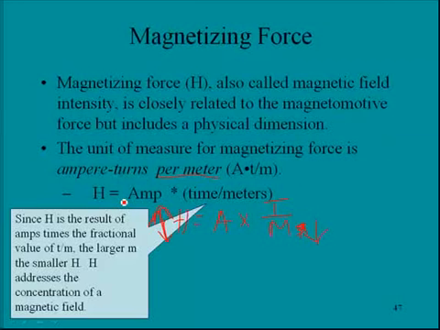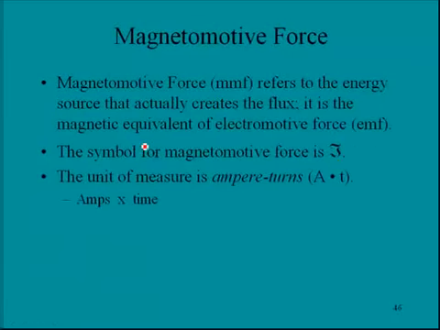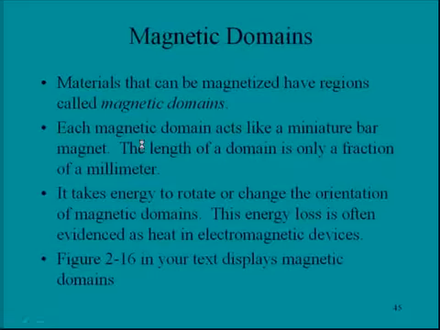We looked at magnetizing force, which is the symbol H, and the important thing about magnetizing force is it brought in the factor of area, in this case meters, and so the smaller the area of the magnetizing force, the greater that force. Then we looked at magnetomotive force, and this was just amps times turns, and it was roughly equivalent to EMF. We looked at magnetic domains.